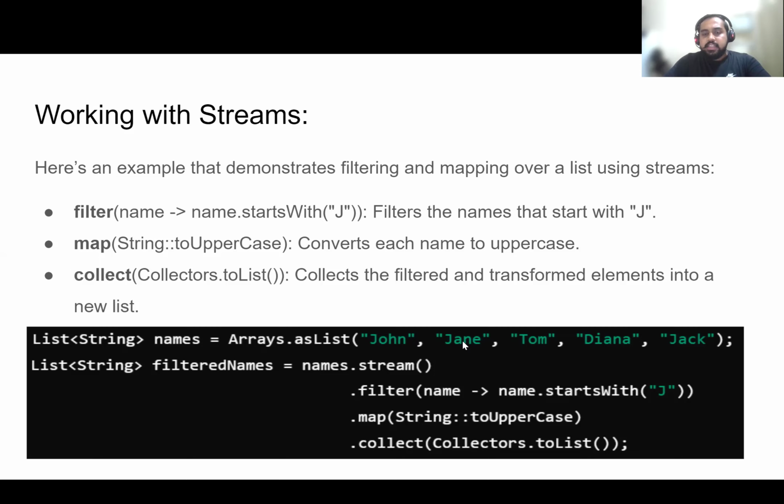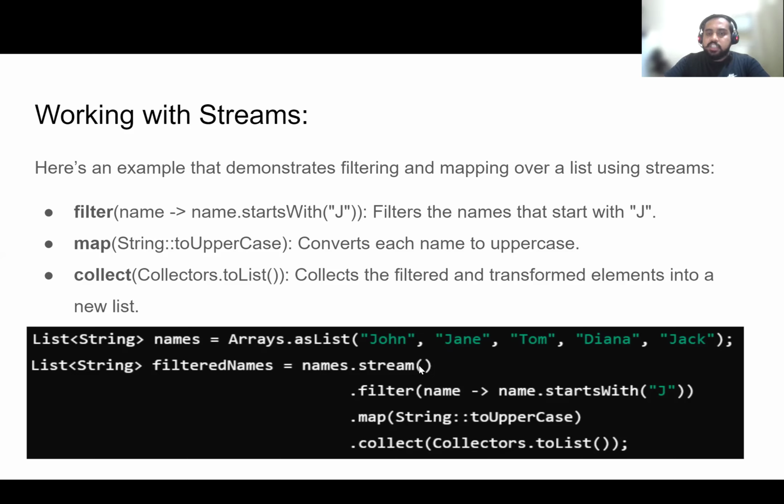You can use it like this, or you can create it the traditional way, with a new ArrayList, then using the add operation to add values. Here I just used the utility class Arrays.asList and passed all the values. So it will provide me a list of string. So these names, you can see here, names.stream.